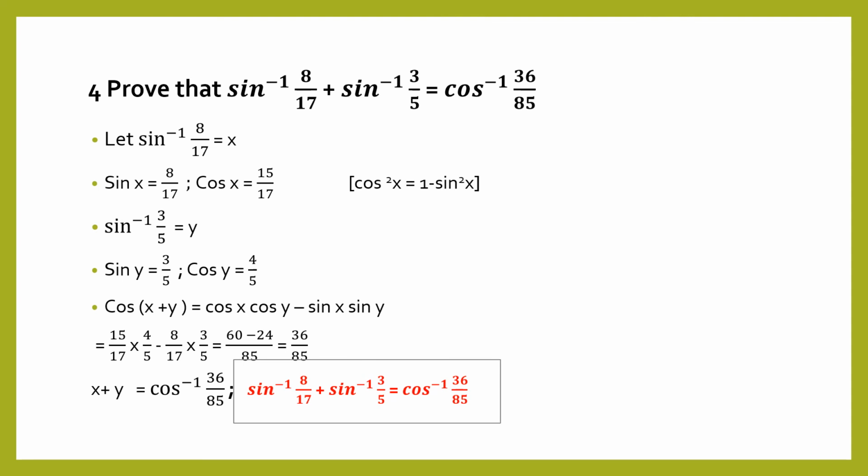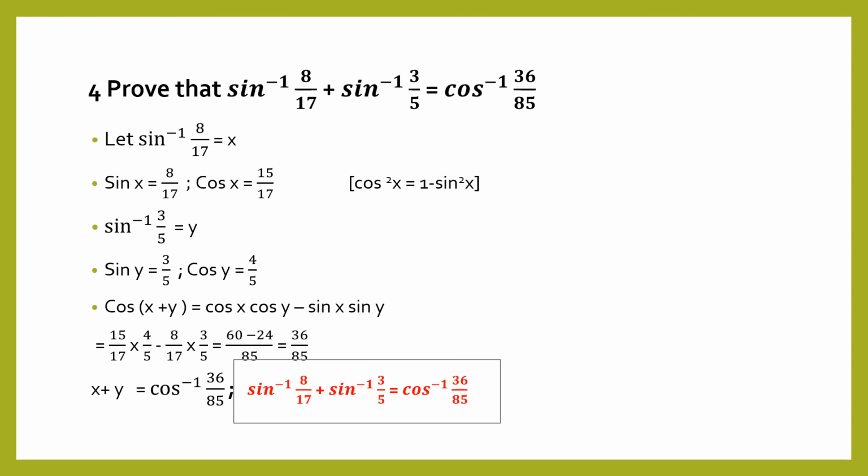Similarly, take sine inverse 3 by 5 as y. So sine y equal to 3 by 5. Using the same trigonometric identity, we will get cos y equal to 4 by 5. And since the answer is in terms of cos, we can make use of the formula cos x plus y, that is cos x cos y minus sin x sin y, and we know all the values.